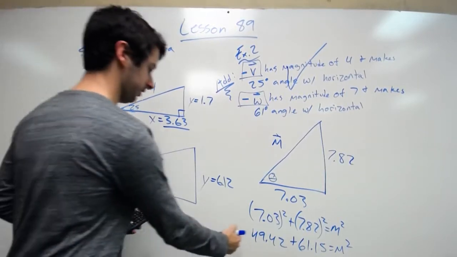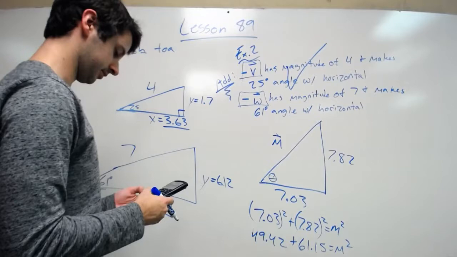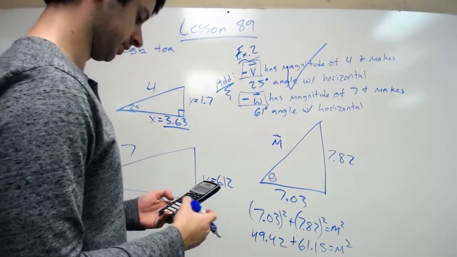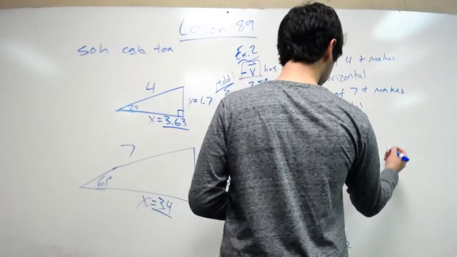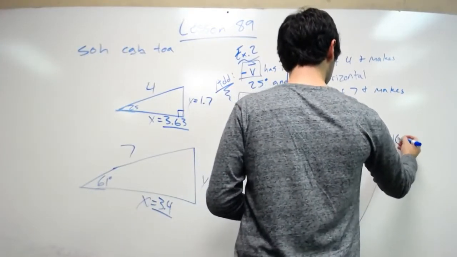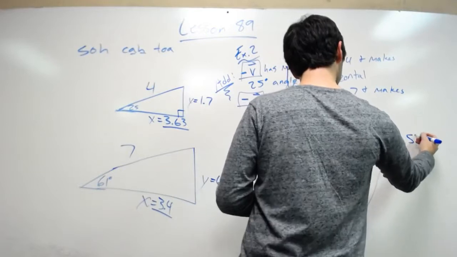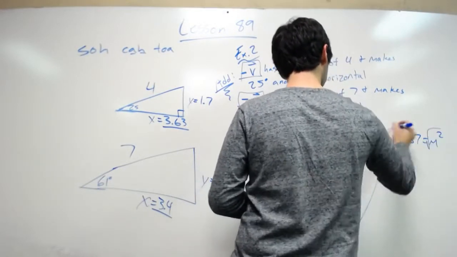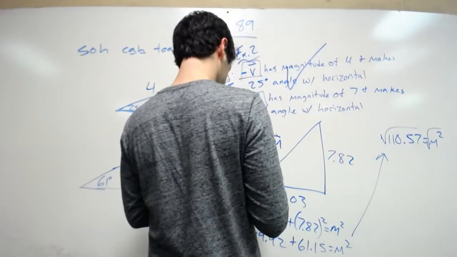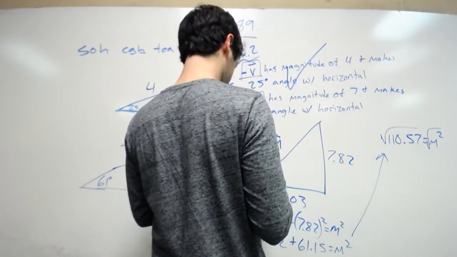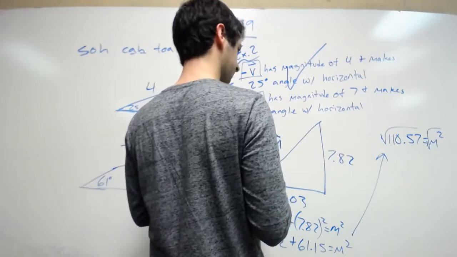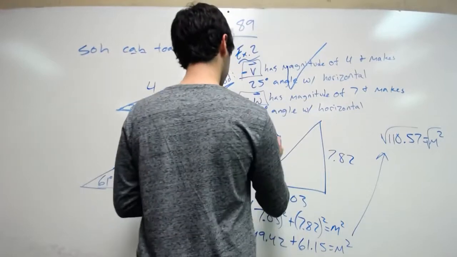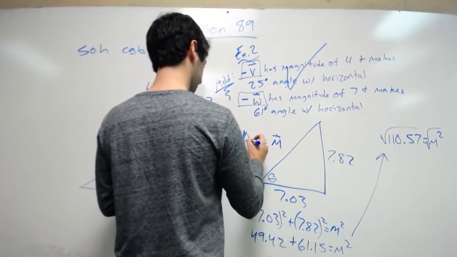Add these two together and I get 110.57 equals m squared. Now I need to square root it, and I get for my magnitude 10.52.